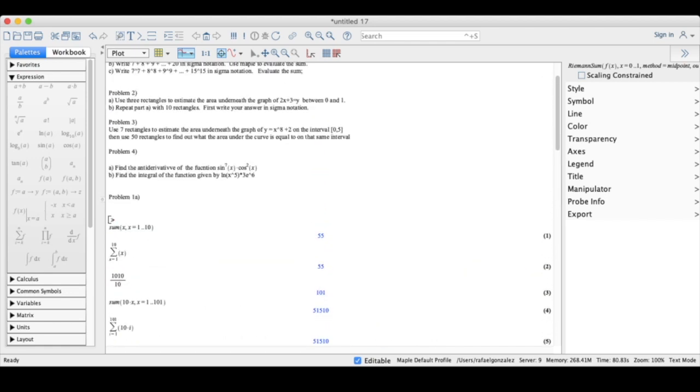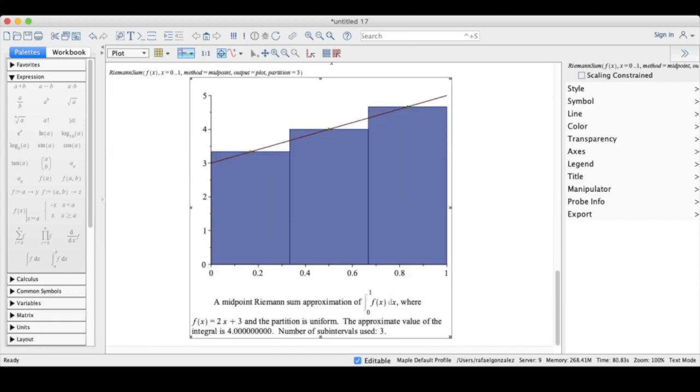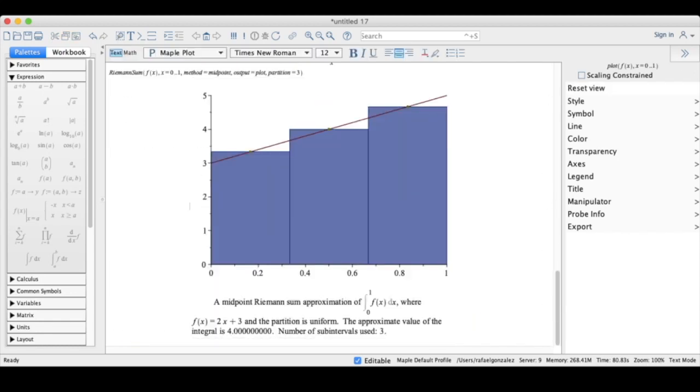For the problem, we are asked to repeat part A with 10 rectangles, and then write this solution in sigma notation. So if you were to manually do the formula, what we'll have is the following.